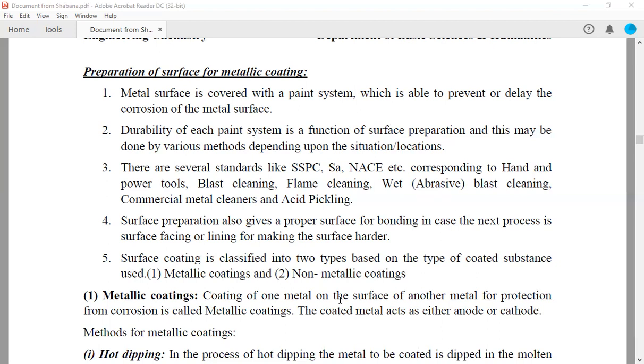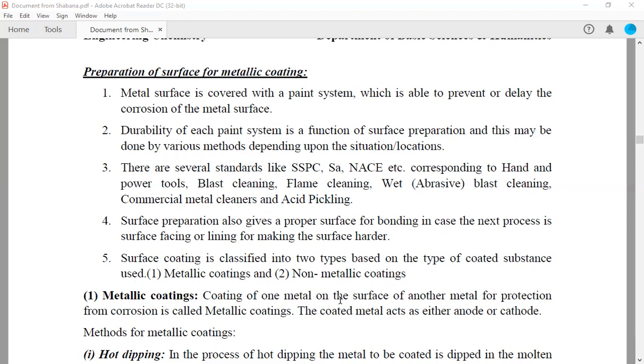Anodic coating: this type of coating is produced by coating the anodic coating metal on the surface of the base metal. For example, coating of zinc, aluminium, and cadmium on iron are anodic because their reduction potentials are lower than that of the base metal, that is iron.